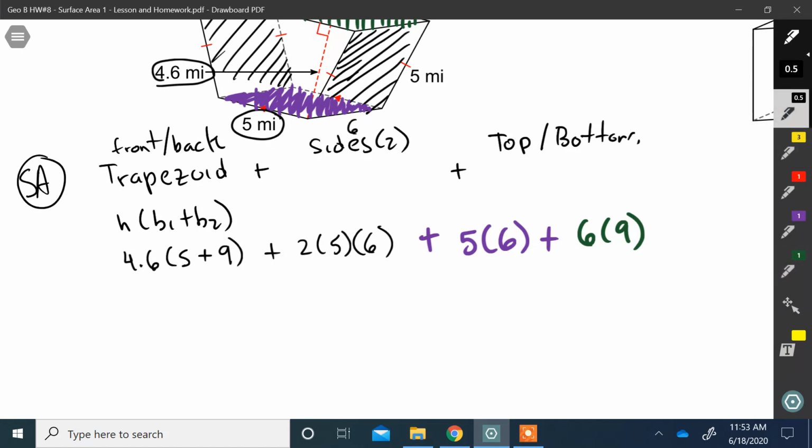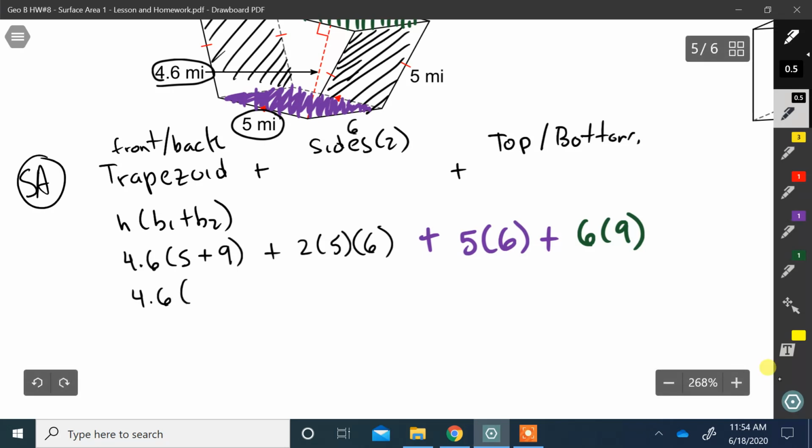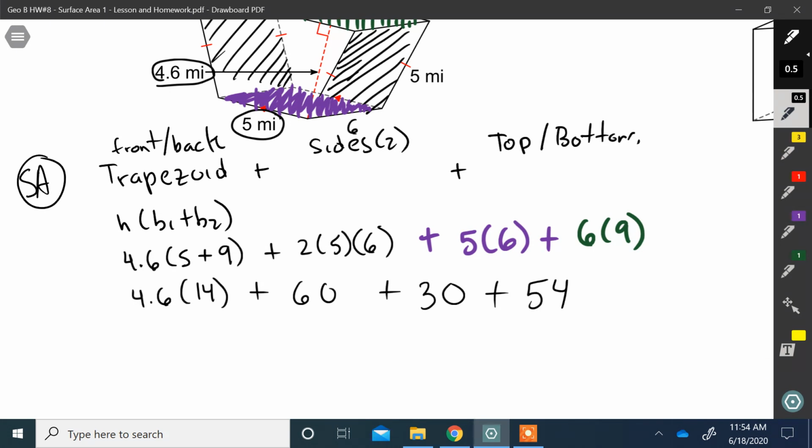Okay, now we're gonna put all that together. We got 4, 6, 5 plus 9 is gonna be 14. 2 times 5 is 10, 10 times 6 is 60, 5 times 6 is 30, 6 times 9 is 54. Let's add all that together.